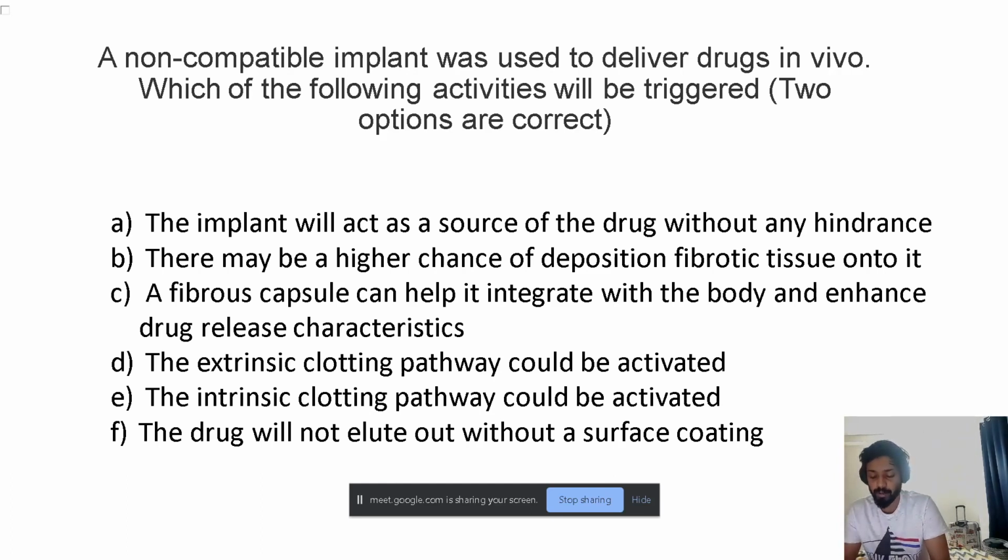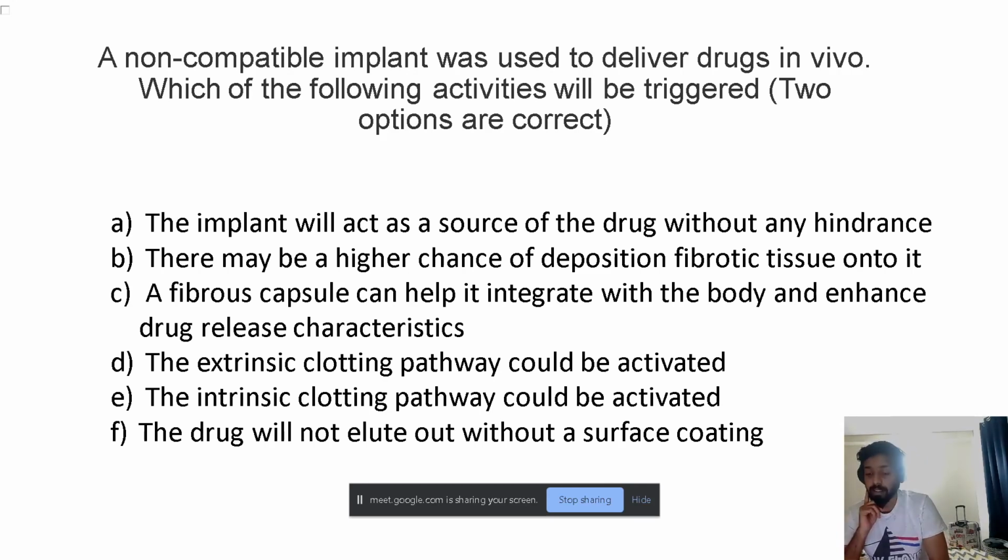In fact, it's not going to facilitate this integration. And enhance drug release characteristics? That's not true. If there's a fibrous capsule present, it's much harder for the drug to come out. So it's quite the opposite of these two effects. This is definitely not the correct option.